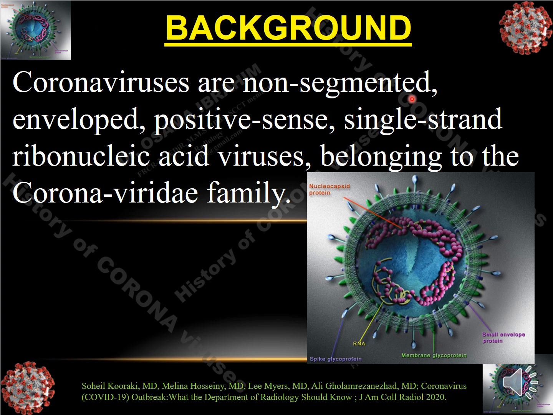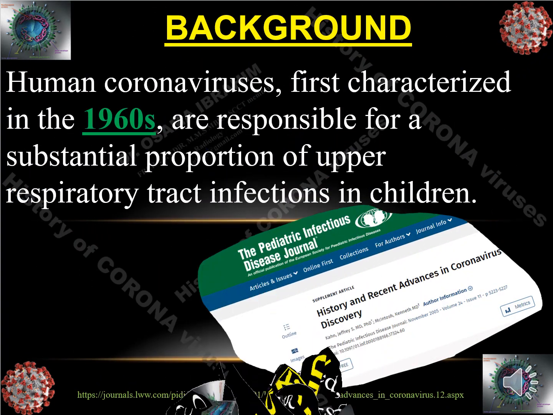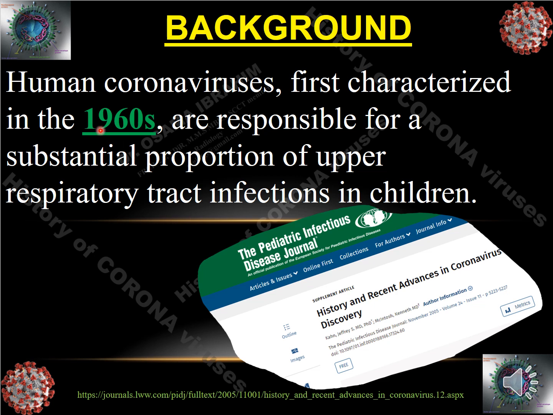Coronaviruses are non-segmented, enveloped, positive-sense, single-strand ribonucleic acid viruses belonging to the Coronaviridae family. The human coronaviruses, first characterized in the 1960s, are responsible for a substantial proportion of upper respiratory tract infections in children, according to this paper.